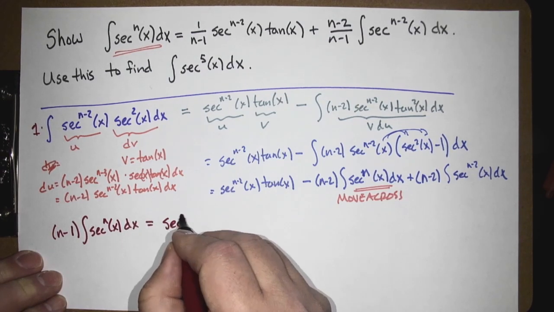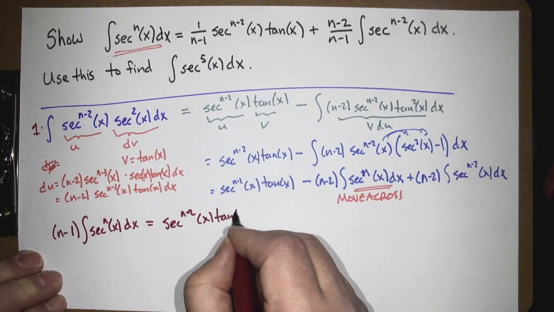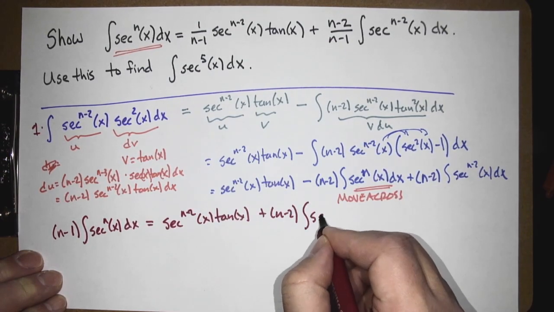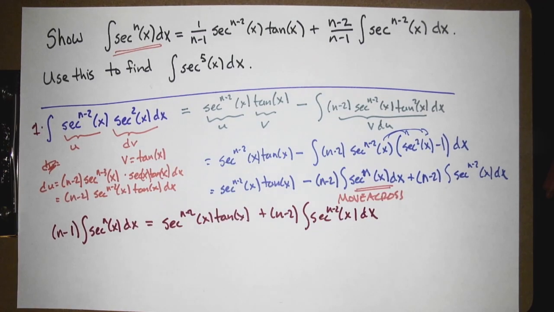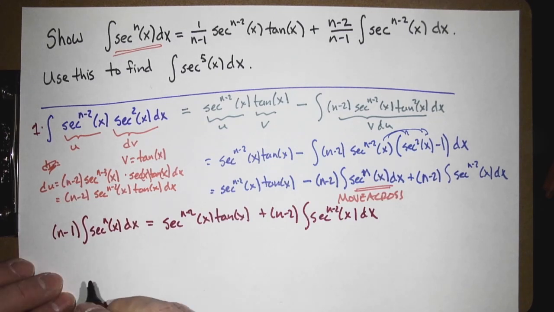is secant to the n minus 2 of x times tangent of x plus n minus 2 integral secant to the n minus 2 of x dx. We're almost there. We almost have secant to the n. What do you need to do to finish it up? Get rid of the n minus 1.